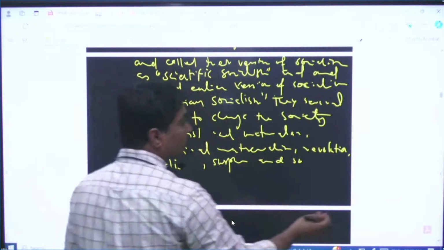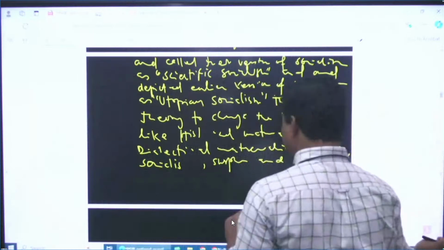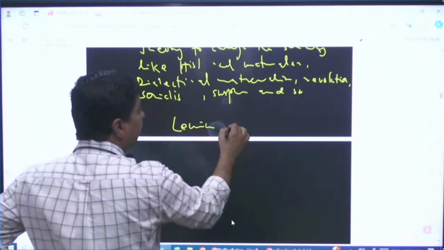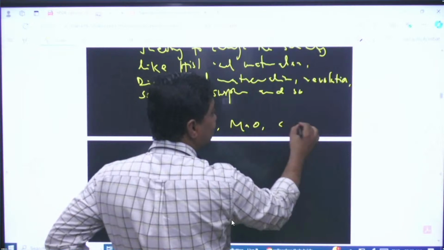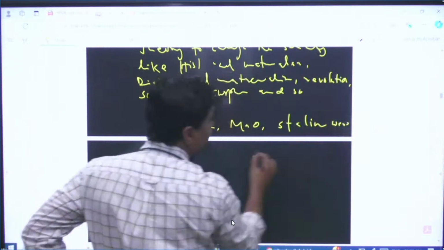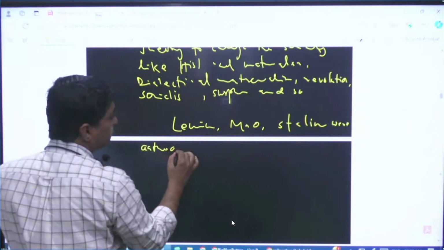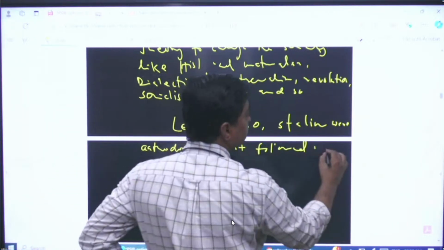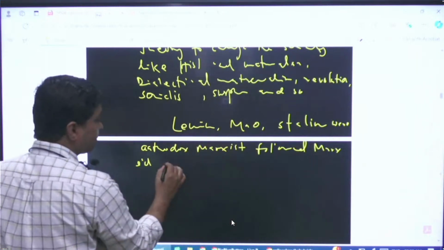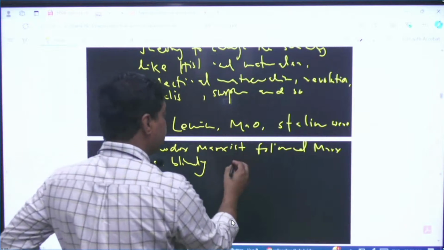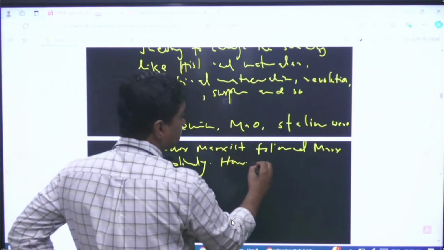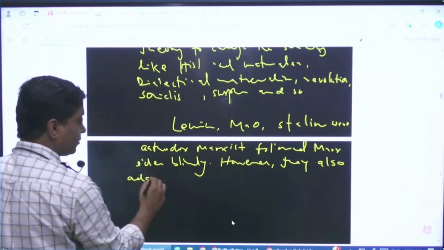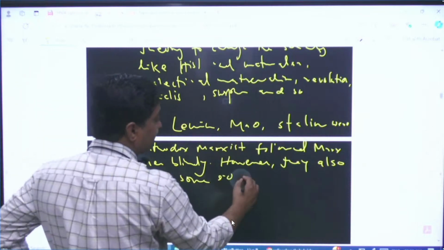Right. So you have to write that Lenin, Mao, and Stalin were orthodox Marxists. Orthodox Marxists followed Marx's idea blindly, right? However, they also added some ideas.